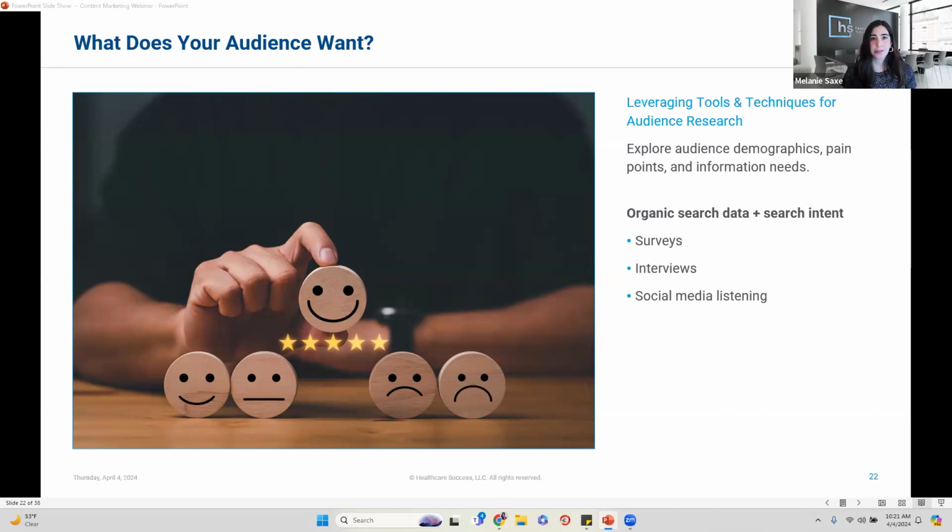With the keywords, we know that these are the keywords people are using to search online and find the information that they need. And you can find the questions that they're asking. In those questions, you can understand where they're coming from, what their pain points are, what is most important to them.